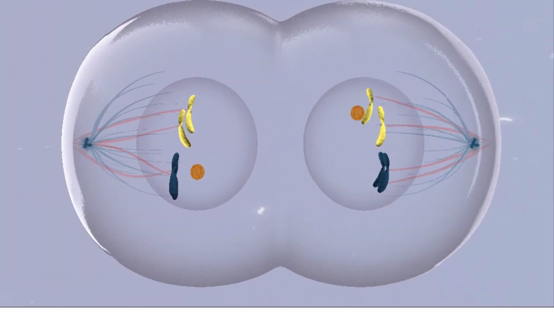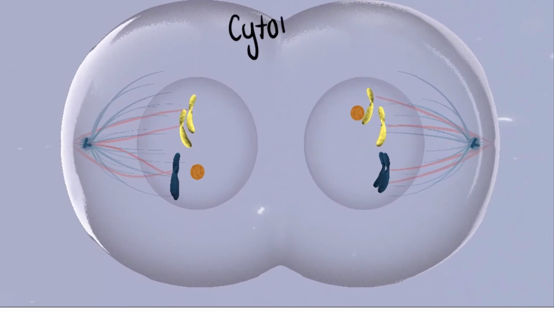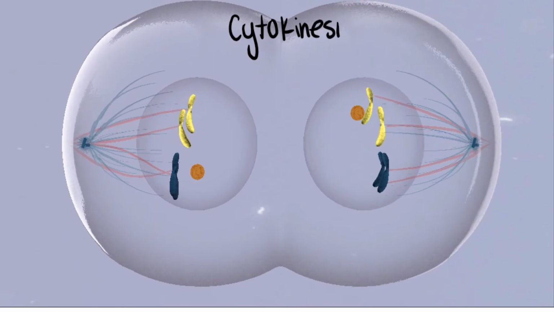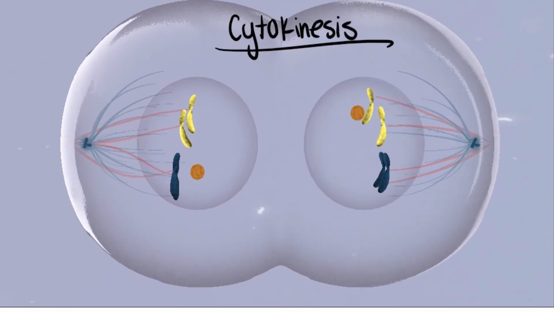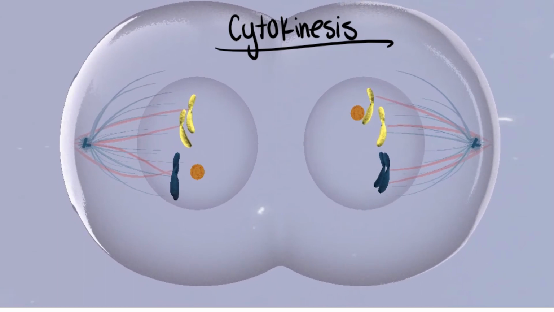At this point, mitosis has ended, and the final stage of cell division is called cytokinesis. During cytokinesis, the cytoplasm is pinched down and drawn inward until it is in two nearly equal parts, until it completely splits into two cells.